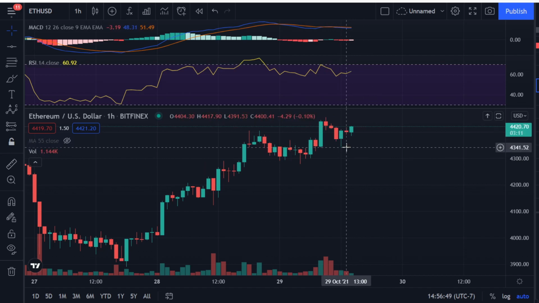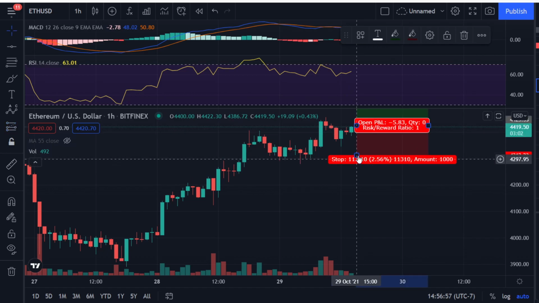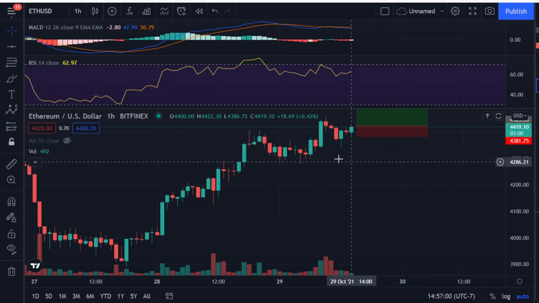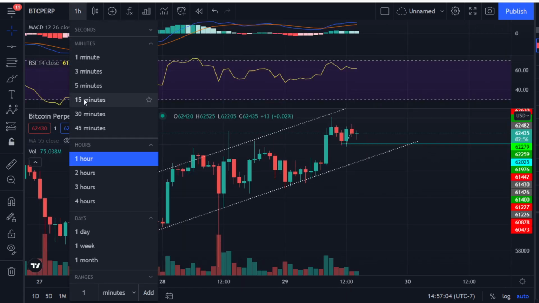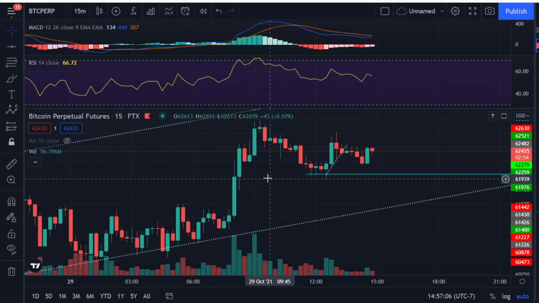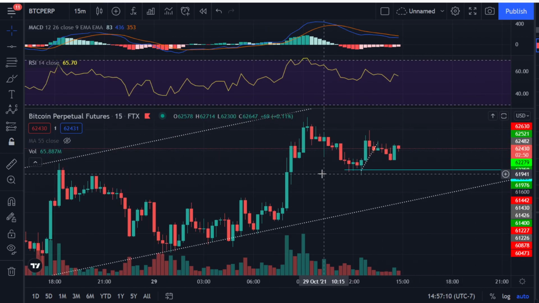This was an inside bar on the last one. It's not an inside bar here, but then an outside up bar on the subsequent candle. And what I did was I took the long right above this candle with a stop right underneath the outside bar. Was that on the 15-minute time frame?